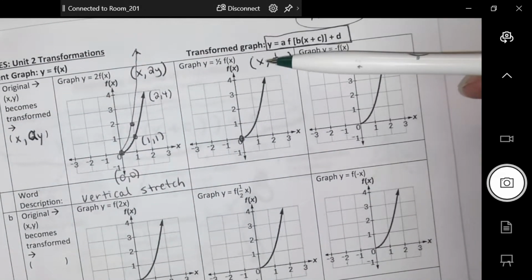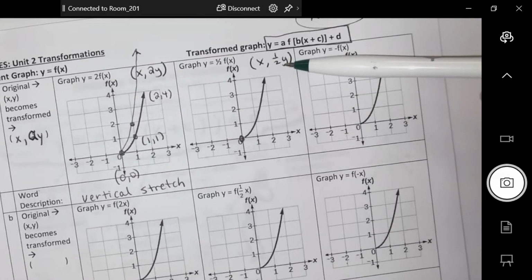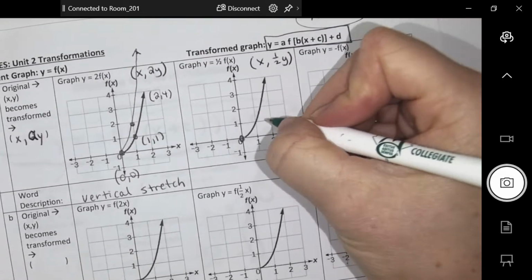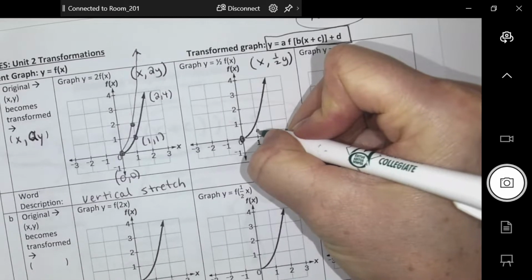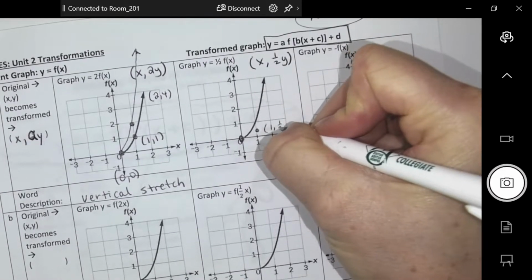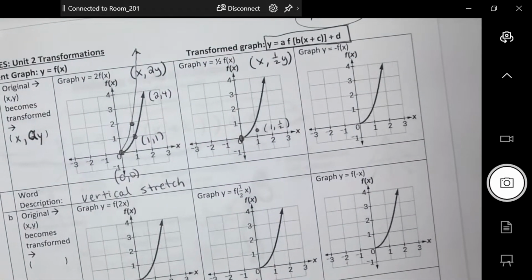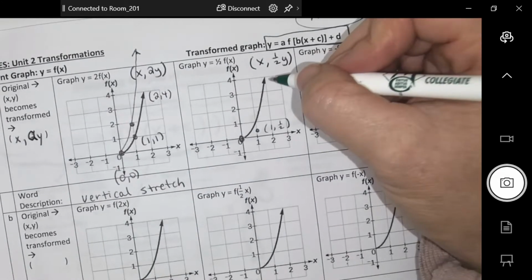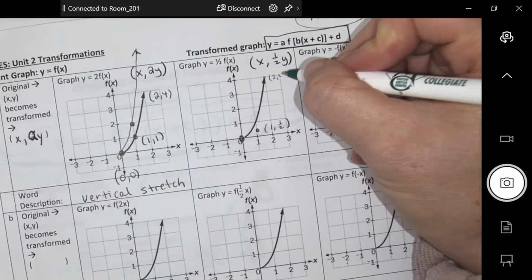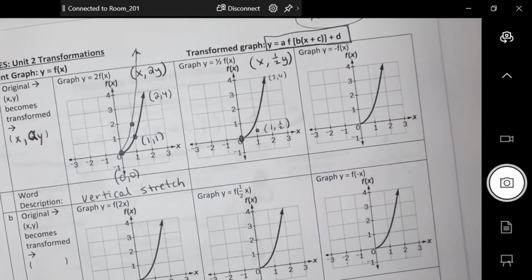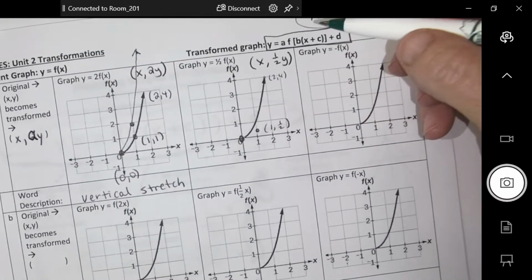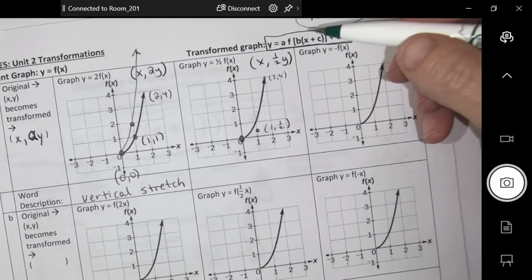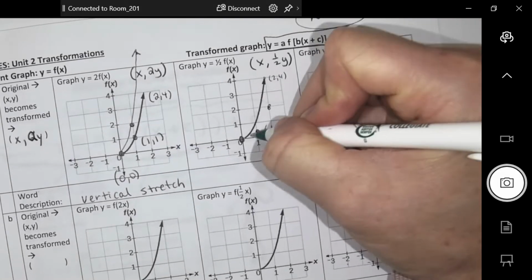Where does 1, comma 1 change to? 1, comma 1/2. 2, comma 4 would become 2, comma, what's 1/2 of 4? 2.